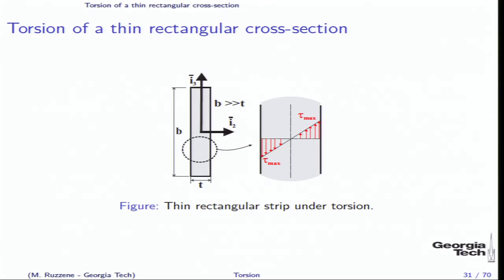So from Poisson's equation, we are saying that this term almost goes to 0, and we are left with d²φ/dx2² equal to minus 2Gκ1.